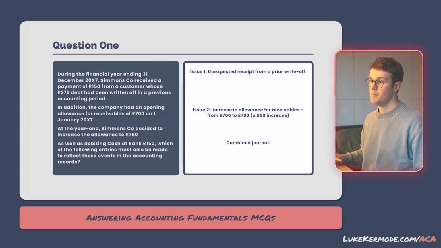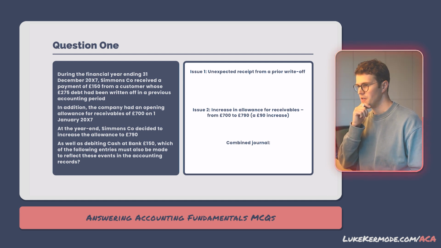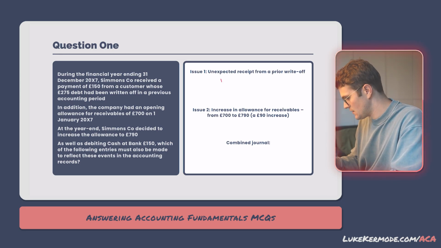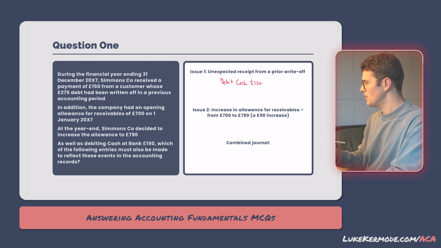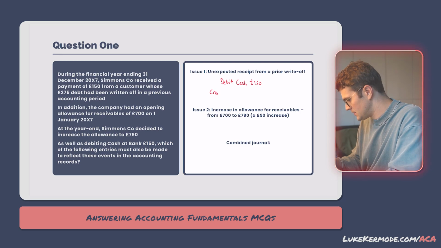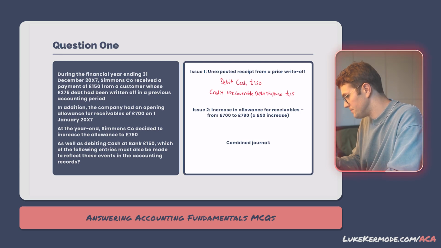Now that the cash has been received unexpectedly, we need to reverse that expense. So to do that, we need to post debit cash £150, and to remove the charge that went through the income statement, we credit the irrecoverable debt expense account by £150 as well.